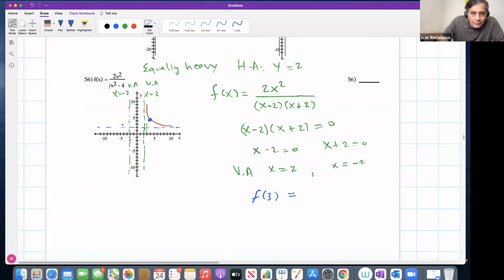Now, for this part, similarly, if you take as a test point -3, let's do that.